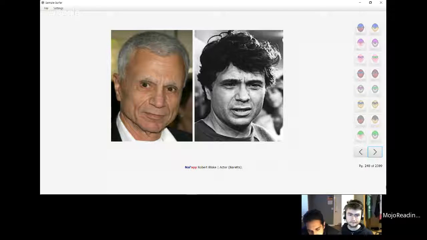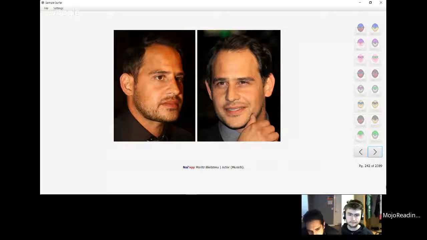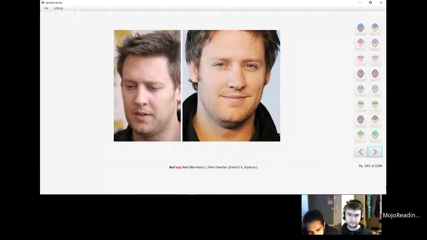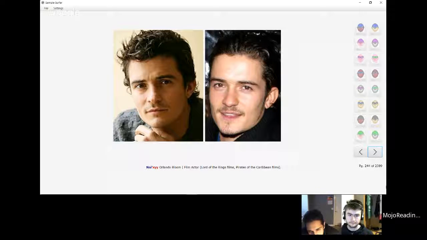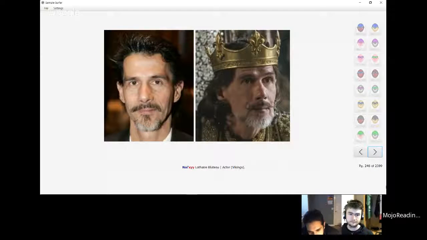Naji Robert Blake. Naji Bill Blass. Naji Moritz Bleibtreu. Naji Neil Blomkamp. Naji Orlando Bloom. Naji Colin Blundstone. Naji Lothair Bluto.